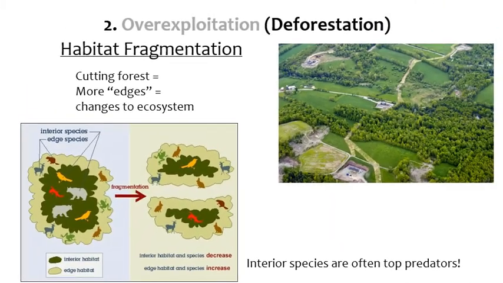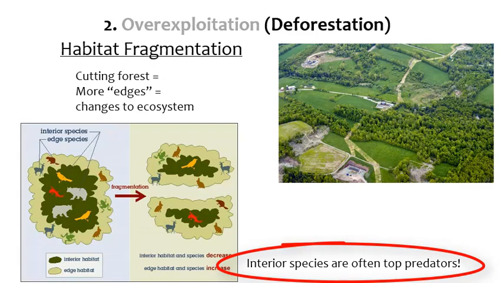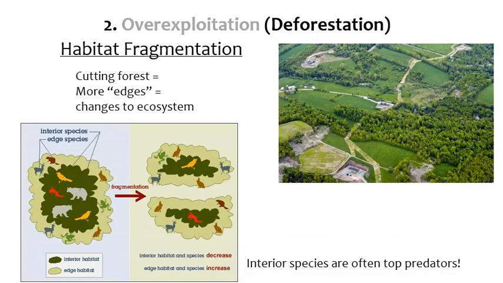Interior species, ones that require large amounts of land, are often top predators. They usually need more space because they need more energy. As we learned in the predation mini lecture, being at the top of the food web means you have the least amount of energy available to you. Therefore, they need access to greater area to get that energy.